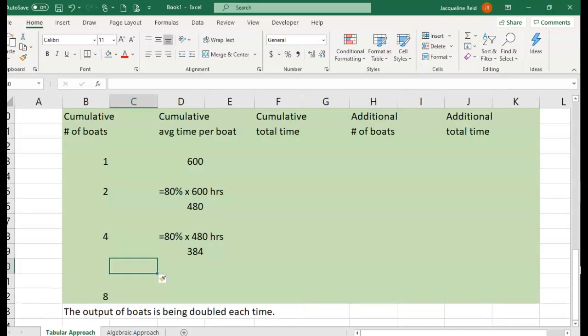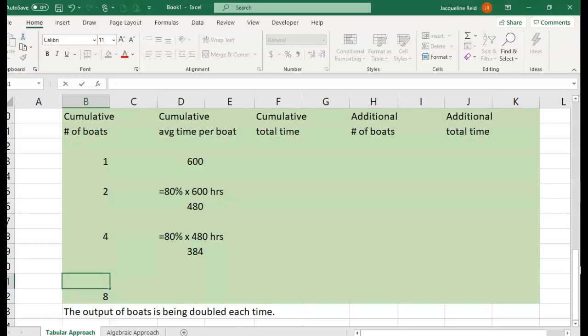And let's apply the last learning rate. So in this instance, when 8 boats are being made at the same time, let us see how the learning curve is going to predict the labor hours on this. 80% times 384 hours.